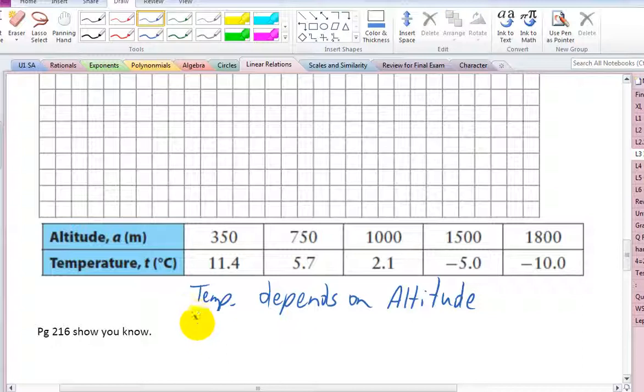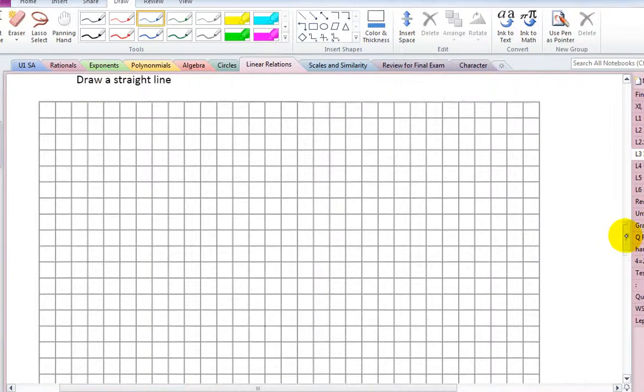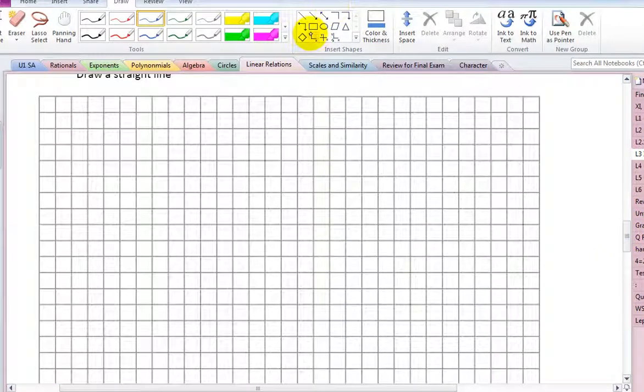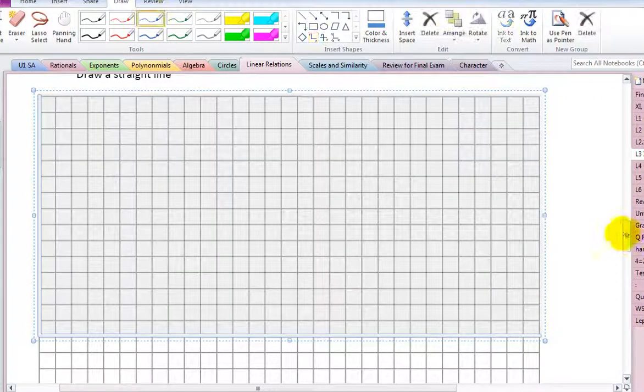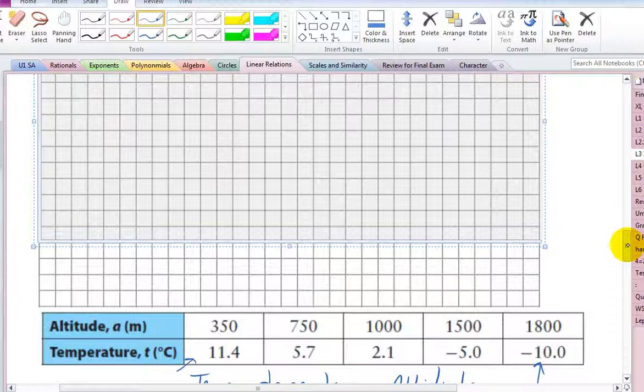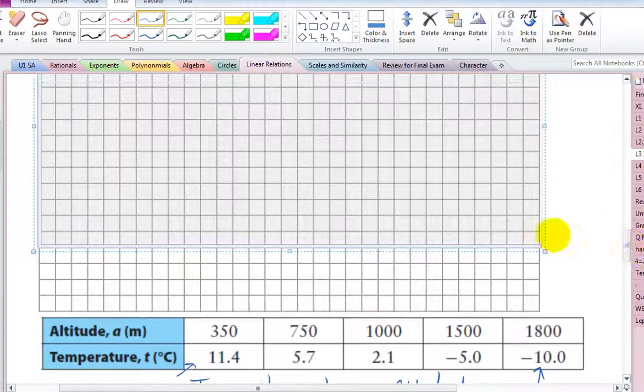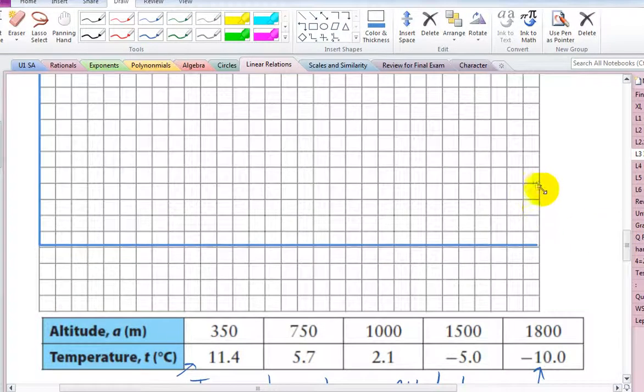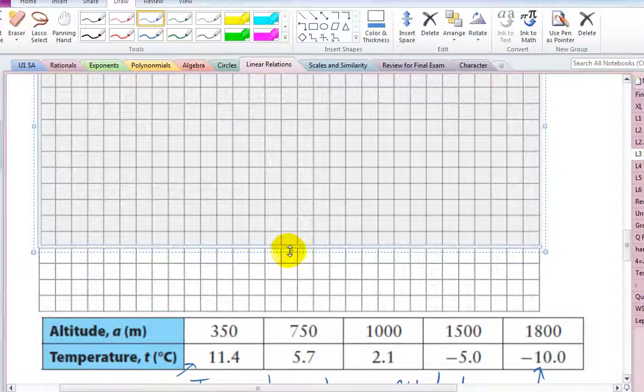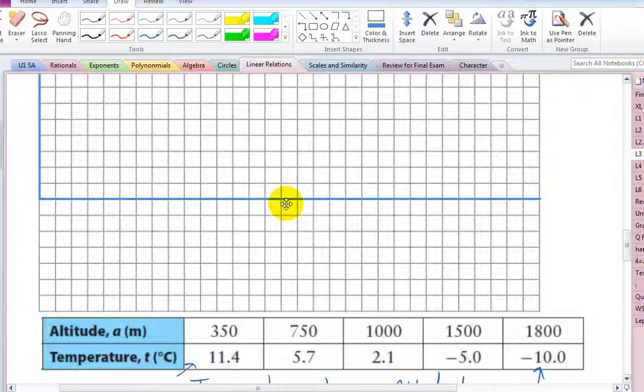Now for temperature we have some negative values. So that means for our Y we're going to have something like this. This is probably the most difficult graph you'll face. I'd put it about there. And then you should just extend the bottom.